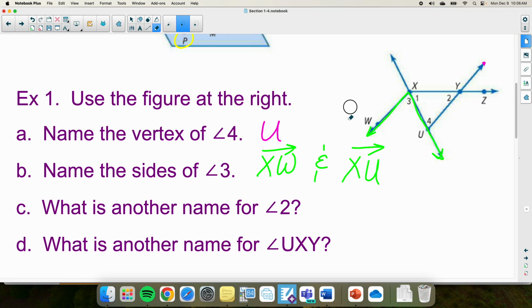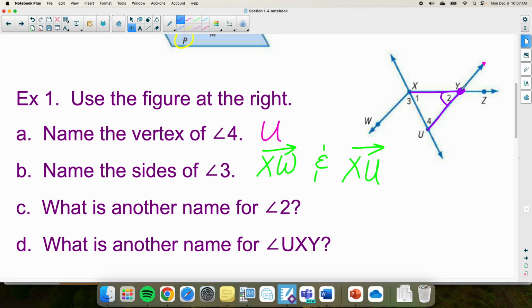Then, if we look at the next one, it says, what is another name for angle 2? Angle 2 is this angle right here. Okay? So angle 2 would have this as a vertex. And what did you say? X, Y, U. Yes, X, Y, U, or U, Y, X. Could we just have called that angle Y?